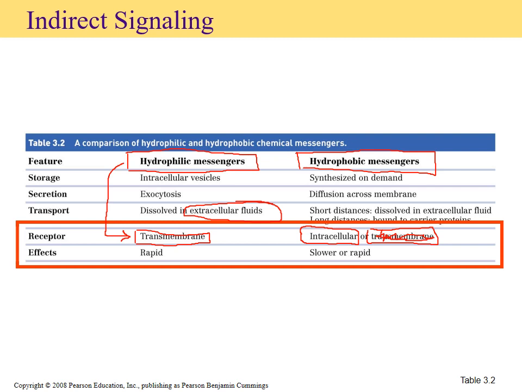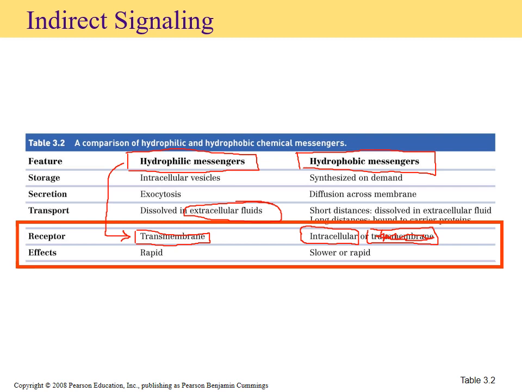Now, when they interact with their intracellular receptors, they tend to have a slower effect. And the reason for that is because oftentimes that will activate a genomic change. The fact that it has to look for the certain gene and initiate transcription and translation will take a little bit longer for you to get to your ultimate effect.